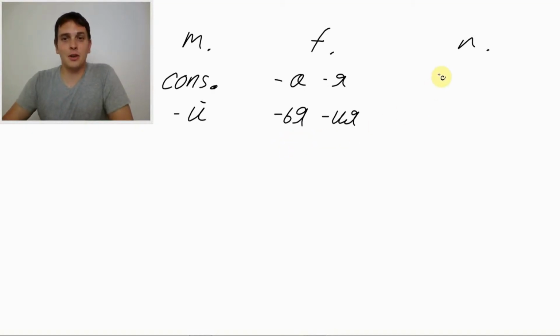And for neutral, the endings would be o, ye, soft sign ye, and iye. So this rule would cover the majority of Russian nouns.